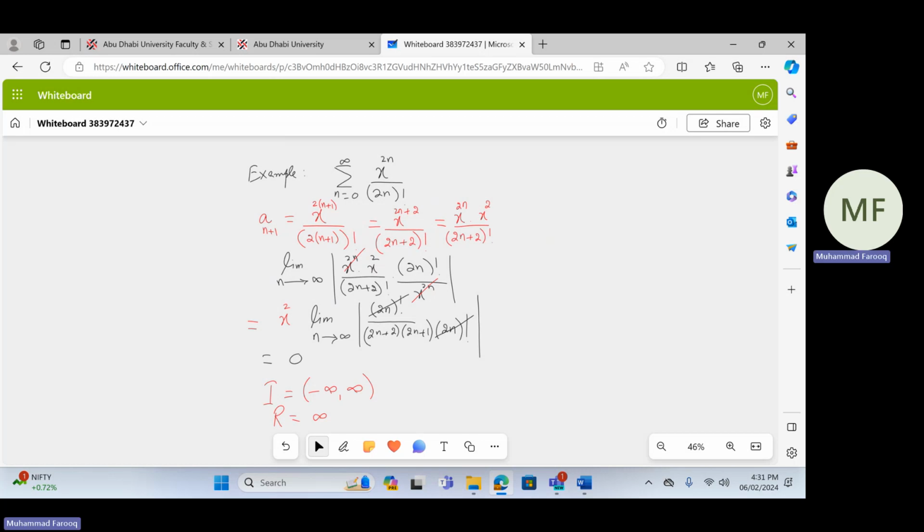Don't expand it, because you're going to multiply the 2 layers. It's better if you don't expand it.